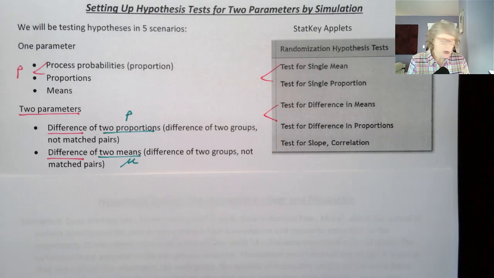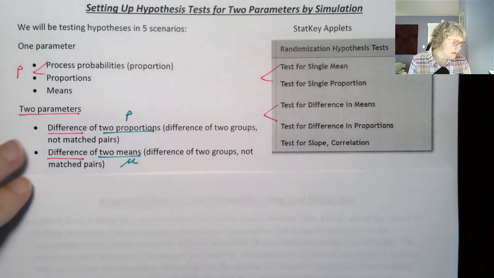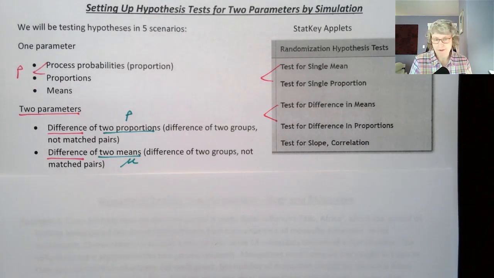That's a different theory. We're not going to use that in this class, but it's another really interesting case to look at. There's less variability in that case versus if you have 2 completely different groups, so it's a different situation.